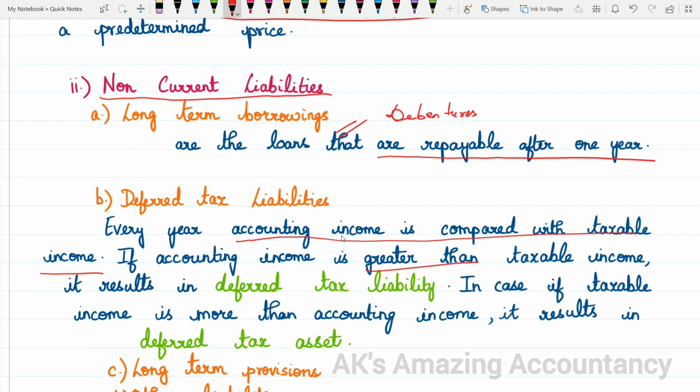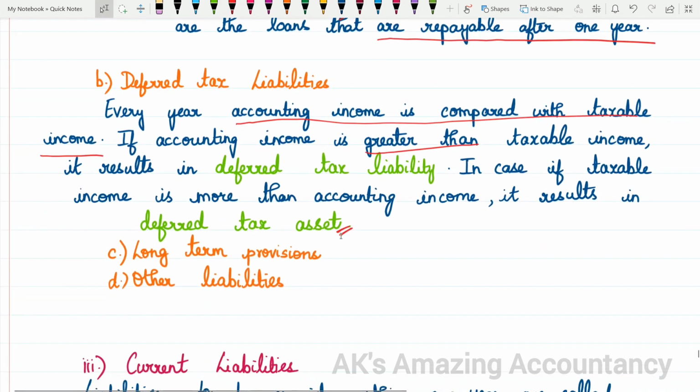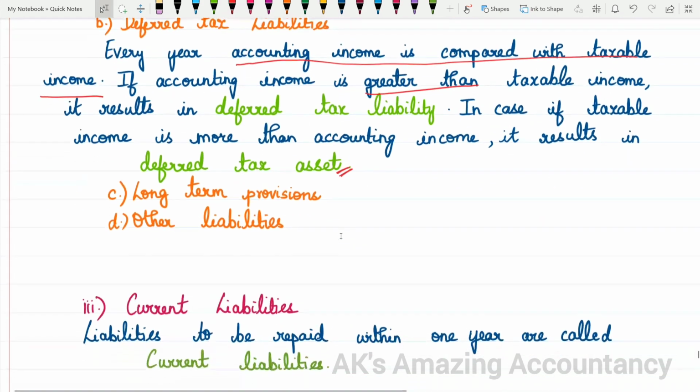On the other hand, if the taxable income is more than the accounting income, that results in deferred tax asset. This deferred tax asset will come under assets as a non-current asset. Okay, so if there is deferred tax liability, that you will be showing here, and again, this item is very, very rare. You will not be having this item in most of the problems.